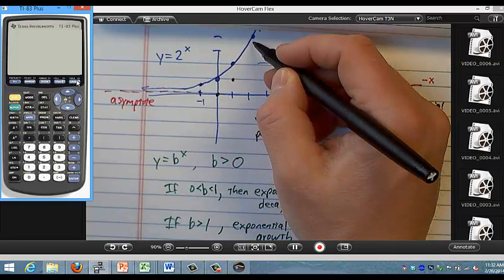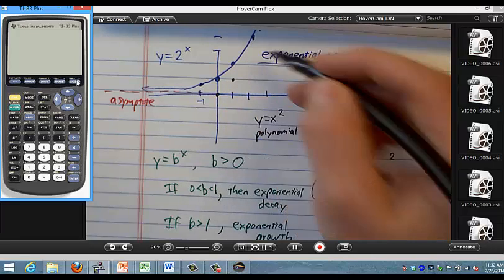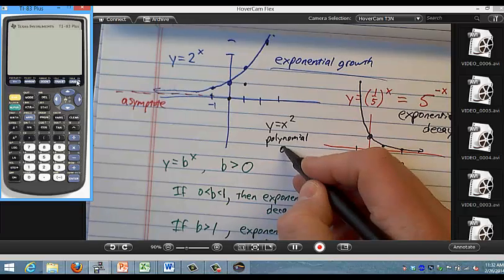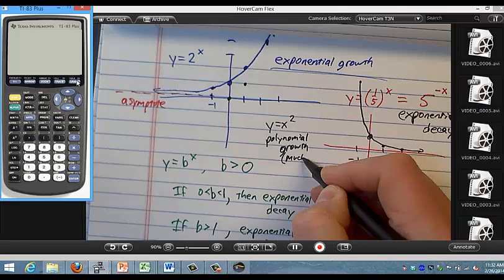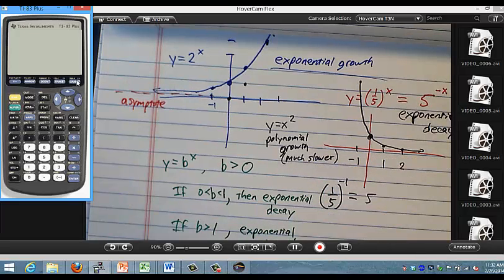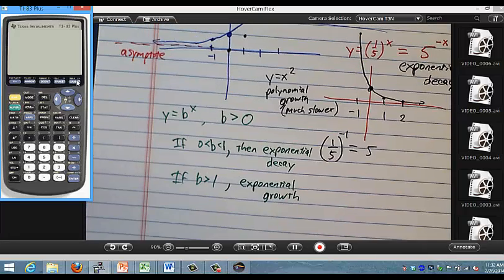It does go through 2, 4. But then it gets left in the dust. All right? Polynomial growth is much slower. So I think that's important to understand. Okay? So there's some basics, I guess, at least to get us started.